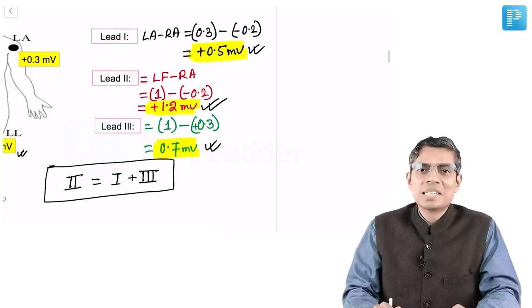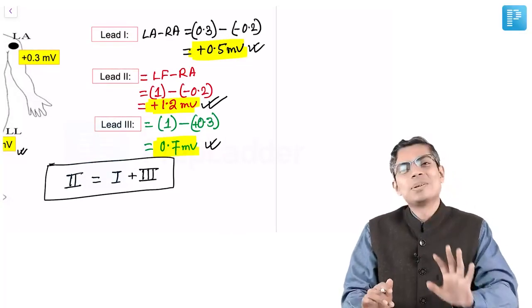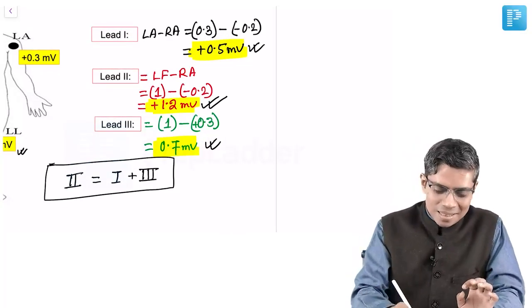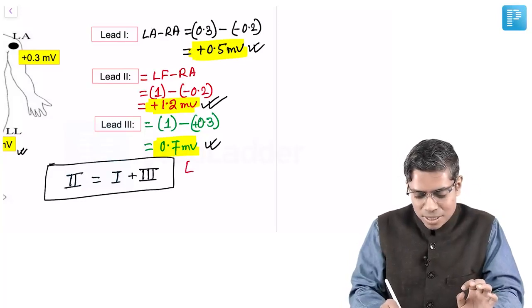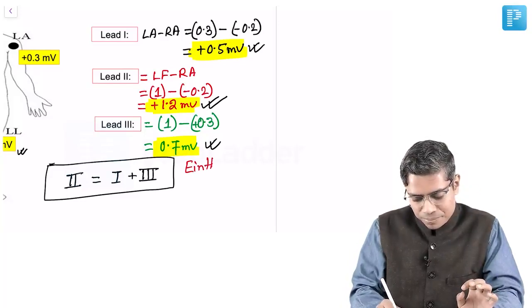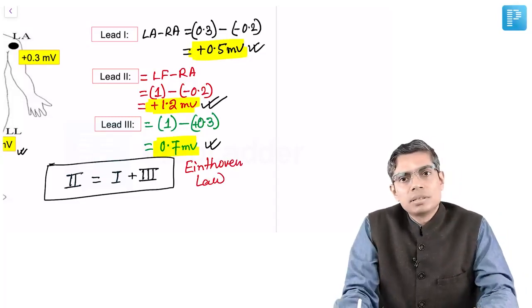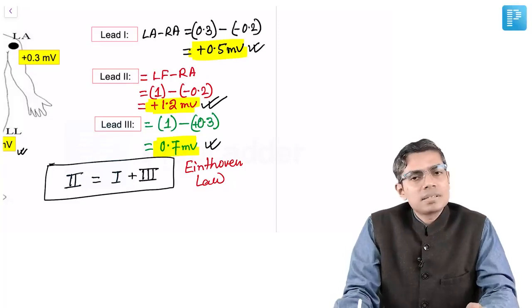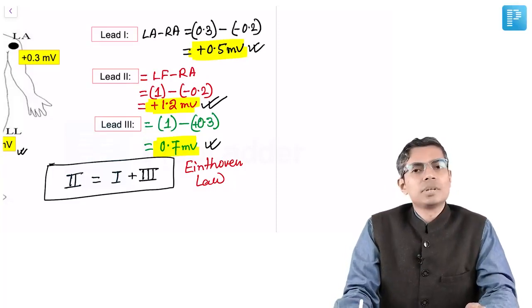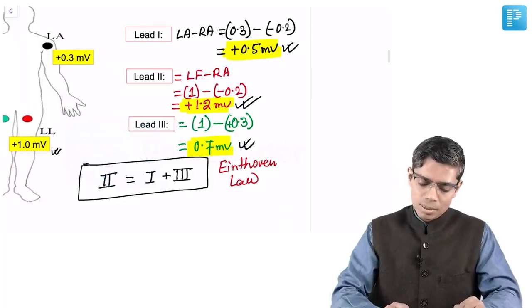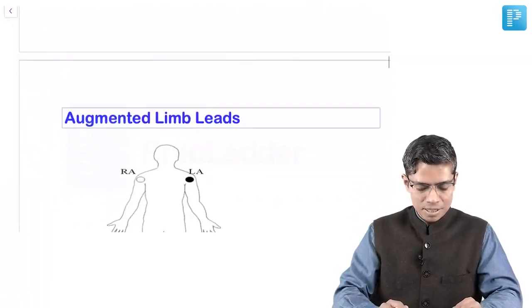This is complex mathematics, right? And this is known as Einthoven law. So voltage in lead 2 will be equal to the voltage in lead 1 plus lead 3. This is Einthoven law. So this is all about the bipolar standard limb leads.